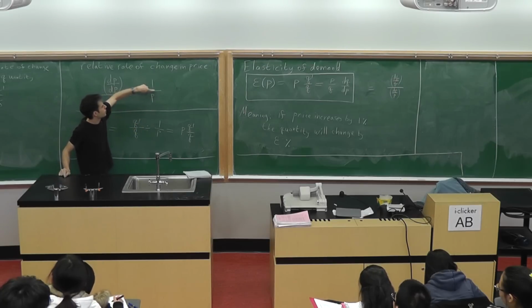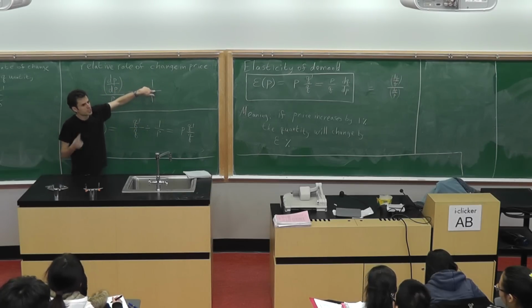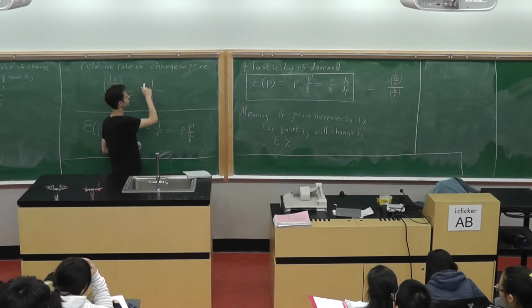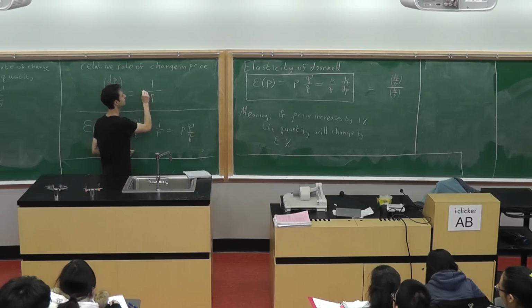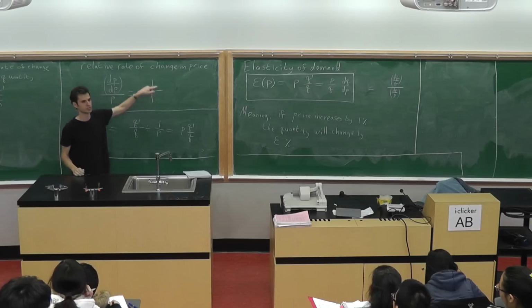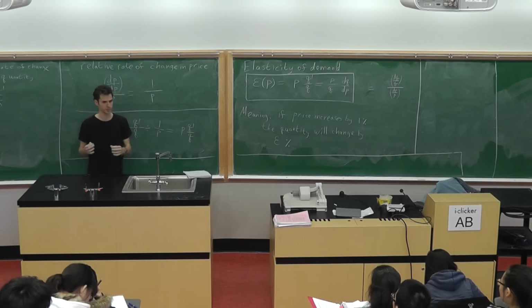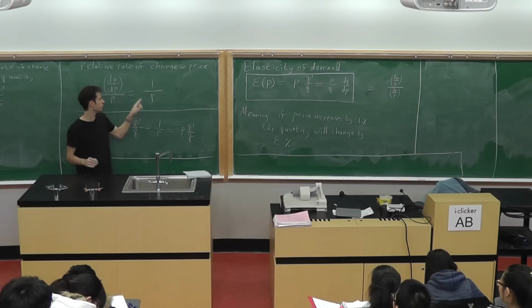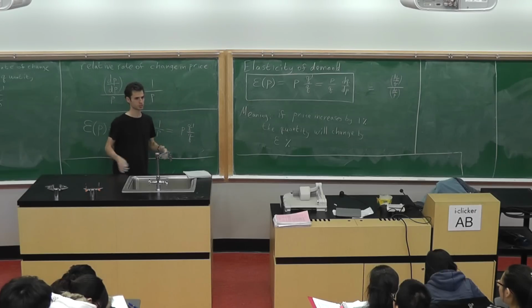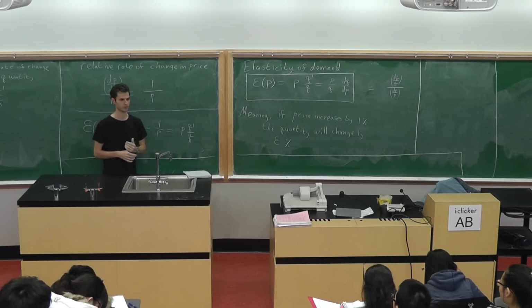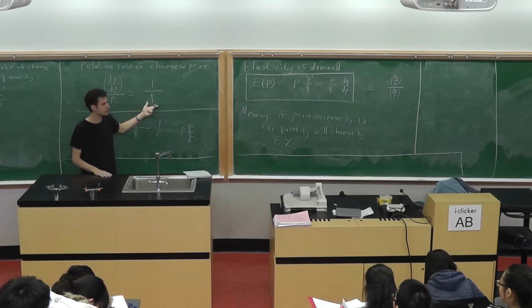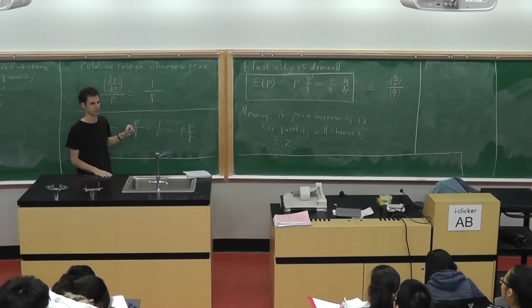If I increase the price by $1, in percentage terms, how does it express? So $1 is exactly a 1 over P part of the price itself. So a $1 increase in price is about a 1 over P relative increase in the price itself. So if the price is 100, then an increase by $1 is exactly 1%, 1 over 100.